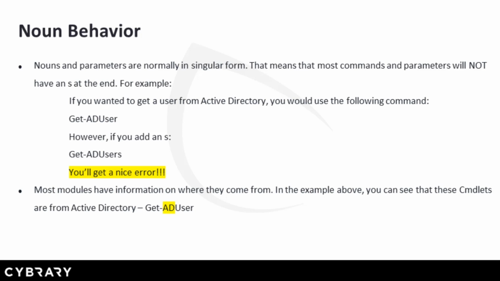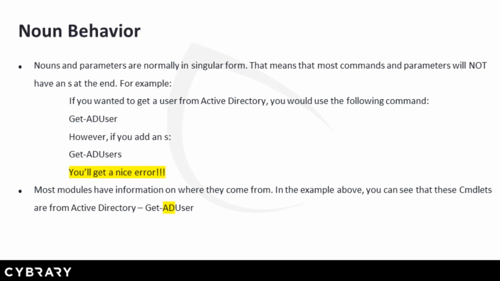Now, nouns and parameters are normally in singular form. That just means commands and parameters will not usually have an S on the end. So here's an example. We have Get-ADUser. When we put that command in and we put in the dashes for the parameters and those pieces of information, we'll be able to get information about an Active Directory user.